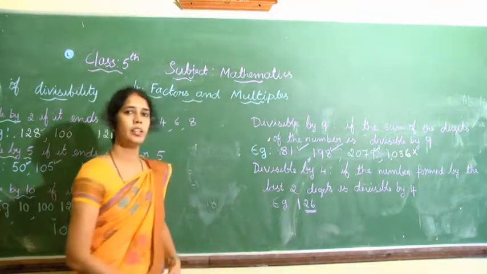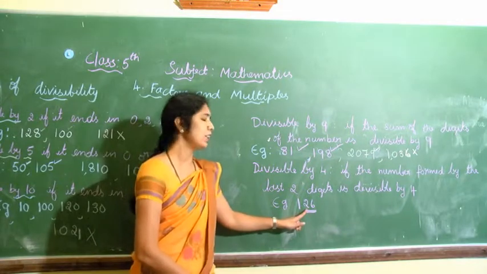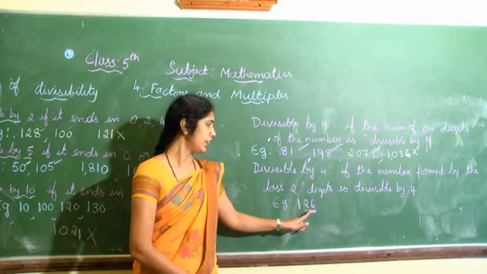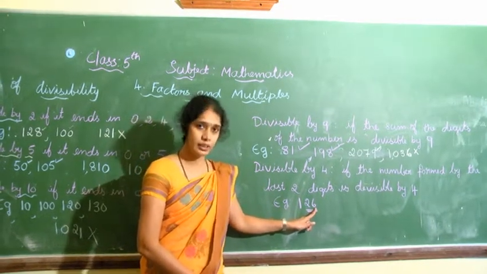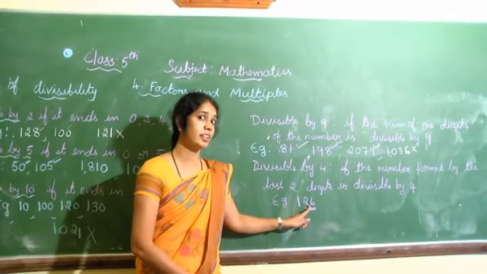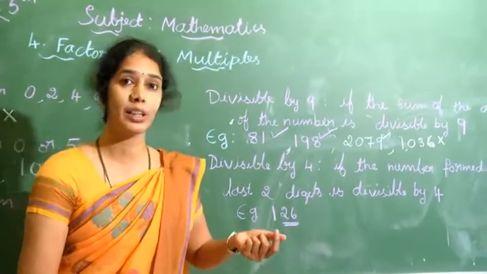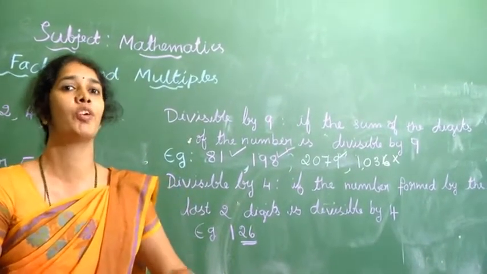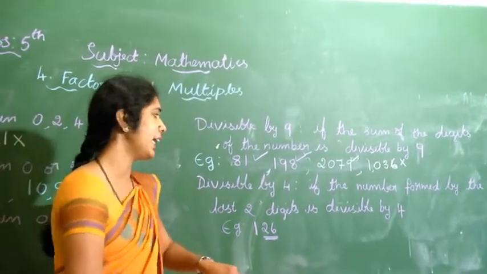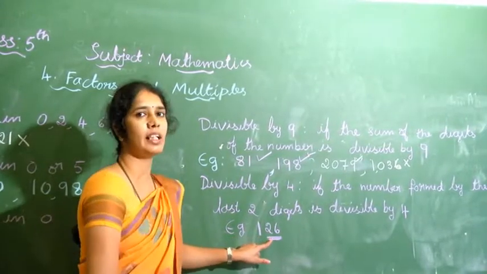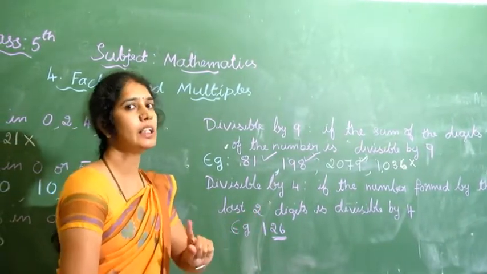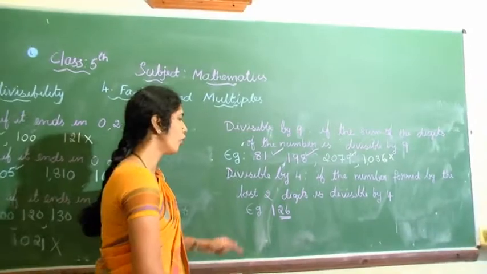Here you can observe, what are the last two digits? 26. Is 26 divisible by 4? No. In the 4 table it will not come. 4 6s are 24. 4 7s are 28. So 126 is not divisible by 4.